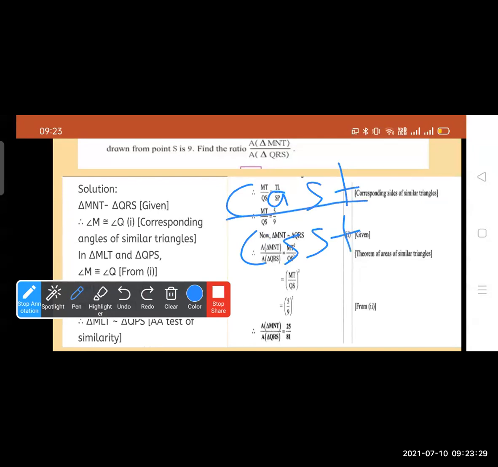CAST means corresponding angles of similar triangle, and CSST means corresponding sides of similar triangle. So here we consider CAST, that is the corresponding angles of similar triangle. So here we write M is congruent to Q.